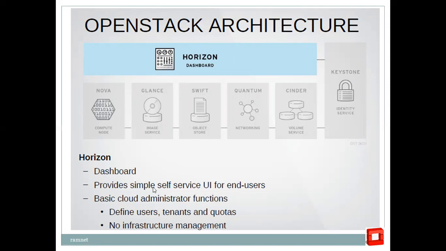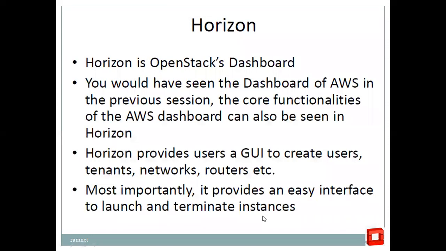It provides a simple self-service UI for the end users. Basic cloud administrator functions define the users, tenants, and quotas, and no infrastructure management. Okay. So Horizon is the OpenStack dashboard. You would have seen the dashboard of AWS in the previous sessions.